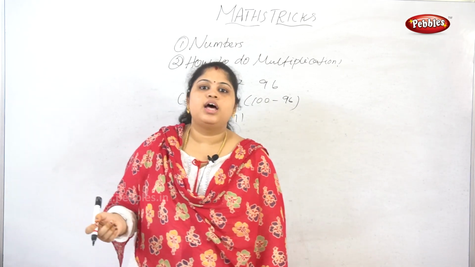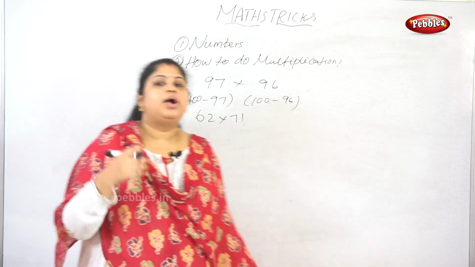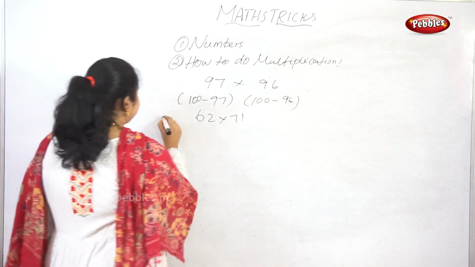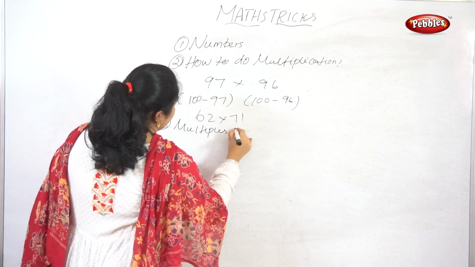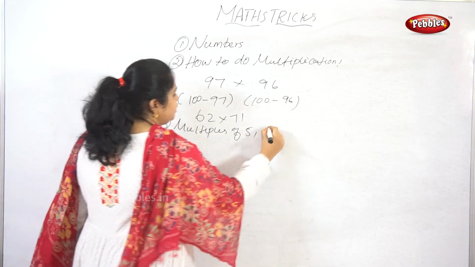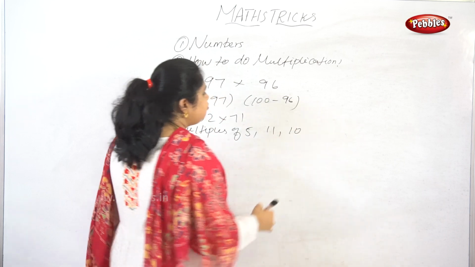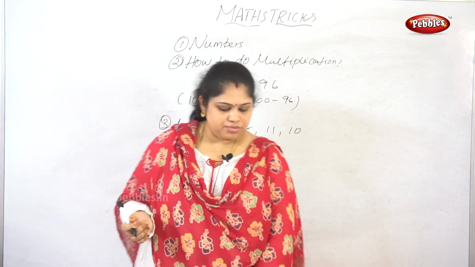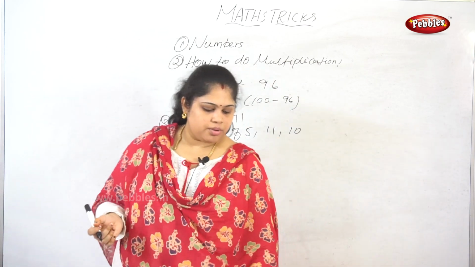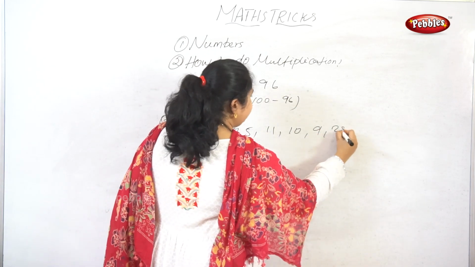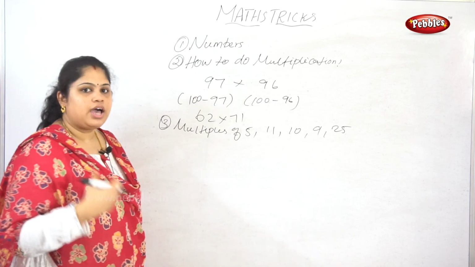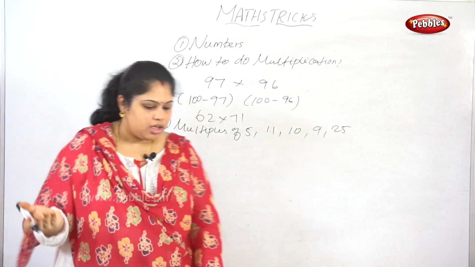Okay, next we have also learnt about multiples of 5, multiples of 11, multiples of 10 or 100. We have seen those types of shortcuts, and also about 9 and 25. So multiples of 5, 11, 10, 9 and 25.